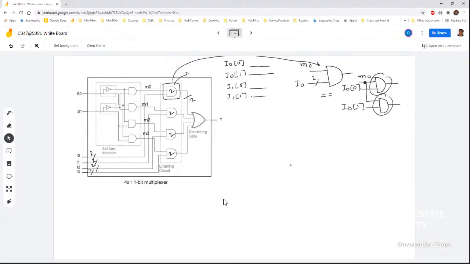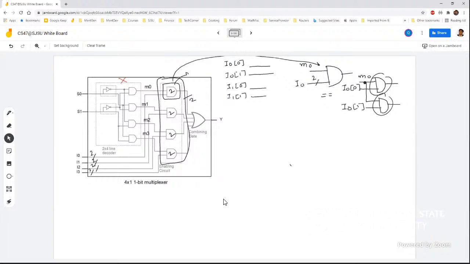So with respect to our previous calculation, the number of AND gates in this stage will change. There will be no change for the decoder. The decoder is just producing things there.